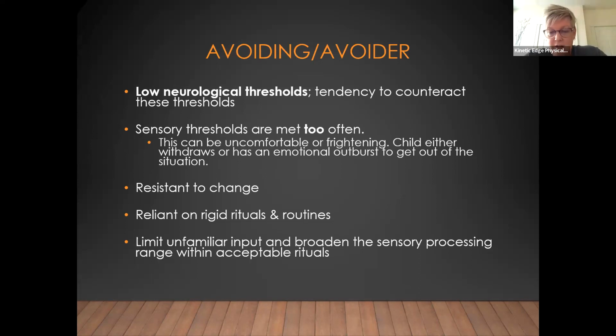So these kids often will have the emotional outbursts to get out of a situation. When you think of a sensory meltdown, they are probably avoiders, or they might withdraw. So those students who crawl under desks to get out of a situation. Sometimes we talk about eloping, the kids who run.